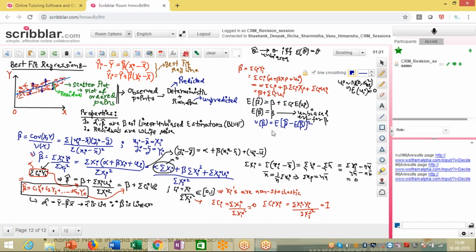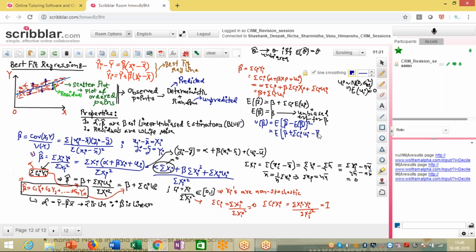Now beta hat for me is nothing but beta plus summation ciui.